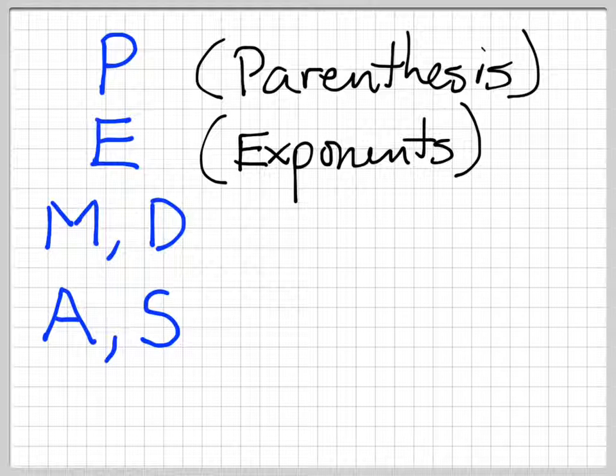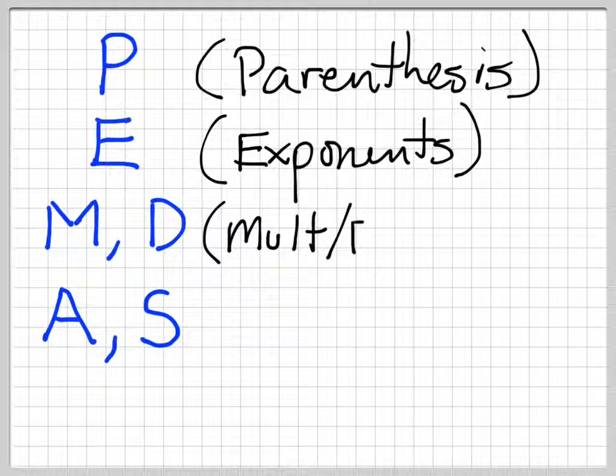M and D, you'll notice I don't write them vertically because one isn't more important than the other. M and D stand for multiply and divide. And I always do that from left to right. And then you'll notice AS is also the same.